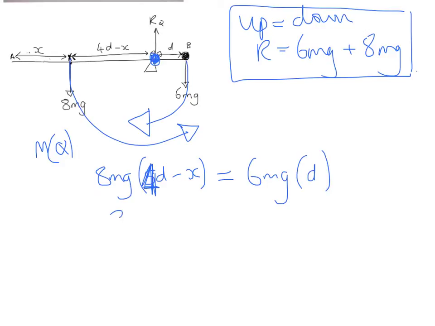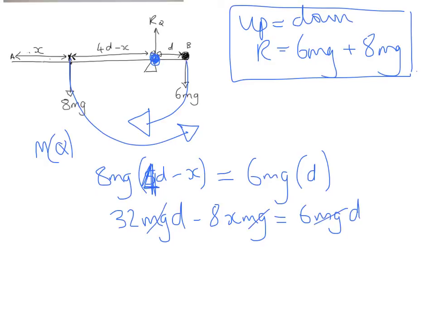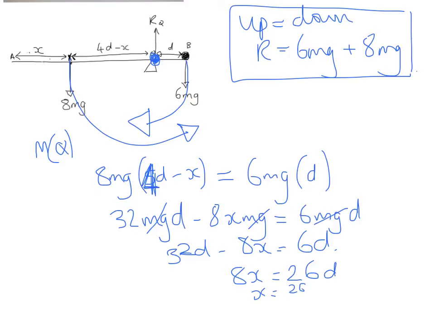So 32 mgd minus 8x mg is equal to 6 mgd. Let's cancel the mg's. We get 32d minus 8x equals 6d, which gives us 8x equals 26d. Is that right? Yes. So x is 26 over 8d.